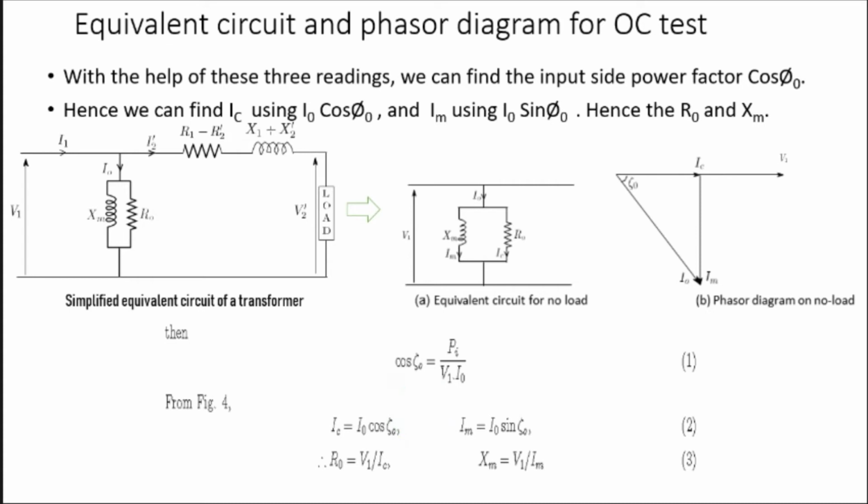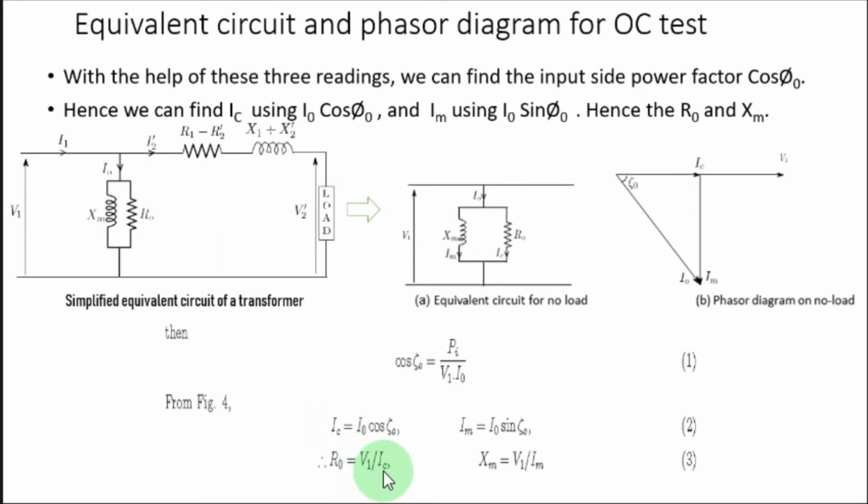So as I said, cos phi naught is equal to power divided by V into I, because P equals V I cos phi naught. So from this you can find this particular angle phi naught, and then if you know I naught, you can find IC and IM. If you know IC, then you can calculate R naught, because you know V1.